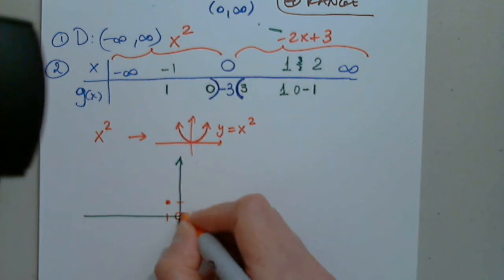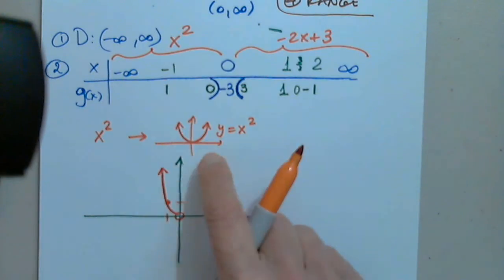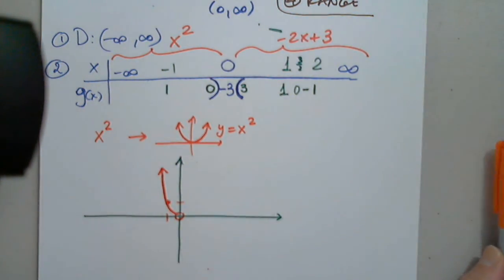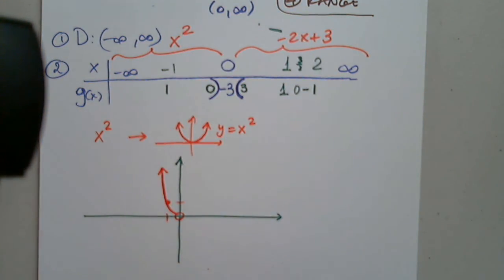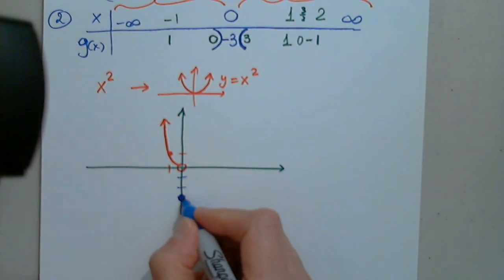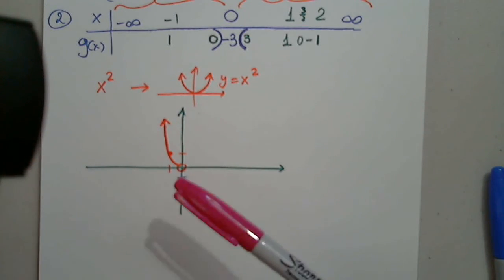It's an open point, and this is the graph because it's quadratic. I'm done with orange. I reach 0, comma, negative 3 with blue. They're not connected, and this is a full point. And this is the middle with blue.